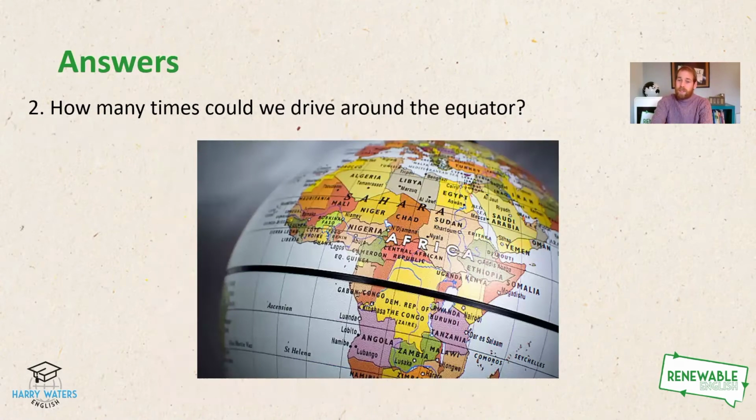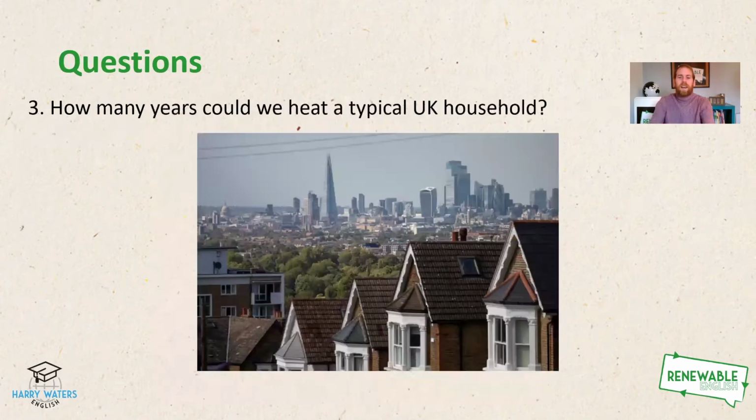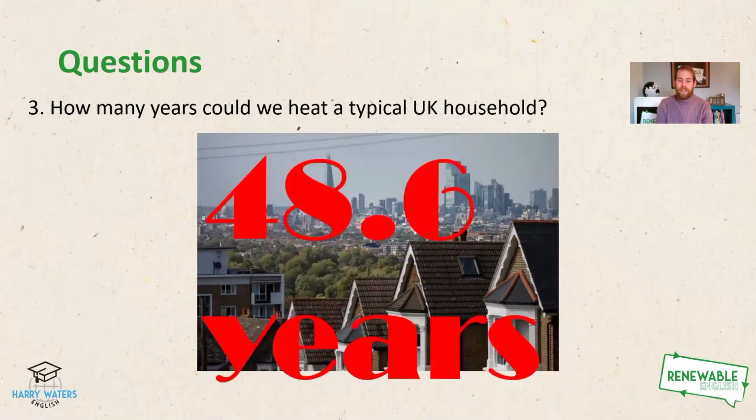How many times could I drive around the equator? 11 times, the whole way around the Earth. It's ridiculous. And how many years could we heat a typical UK household? Now remember, it gets really cold in England. 48.6 years. That's nearly 50 years. It's crazy.